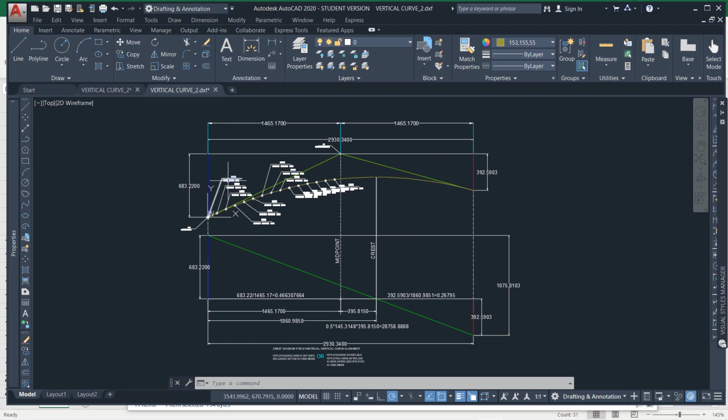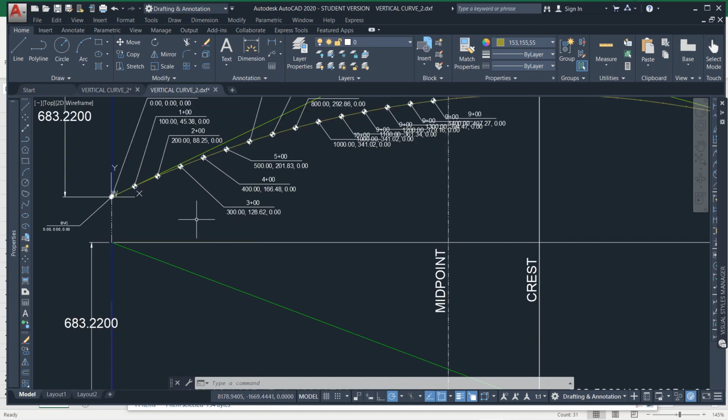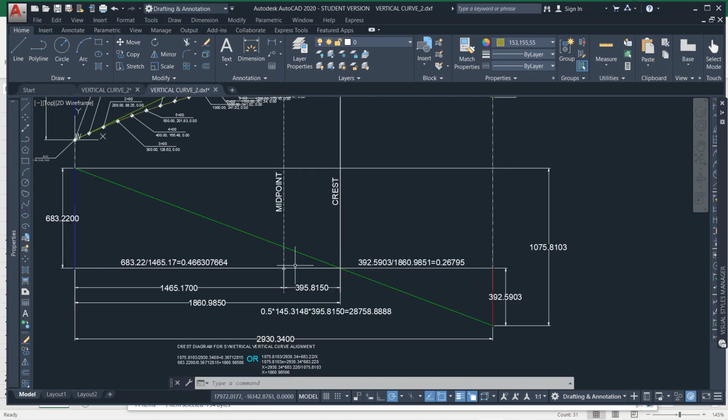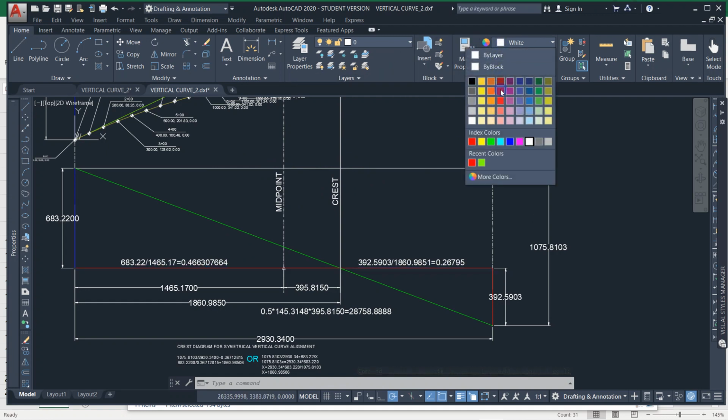But what we're going to do here is we have the elevation difference between PVC and PVI. So we're going to come down directly below this line, right? The length is still 2930. So right here, I'm going to change the color of that to red, okay?